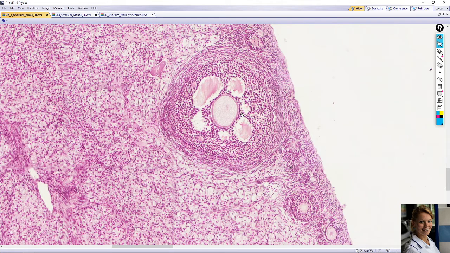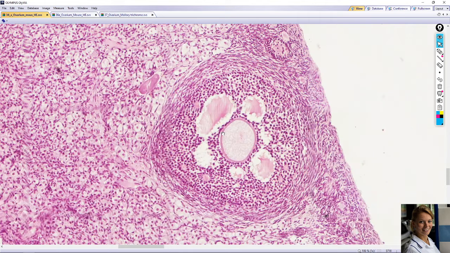The oocyte is surrounded by an eosinophilic layer called zona pellucida, and the follicle is capsuled by theca interna and externa, and between the granulosa cells and the theca is a very thin basement membrane, also called membrane of Slavjansky.